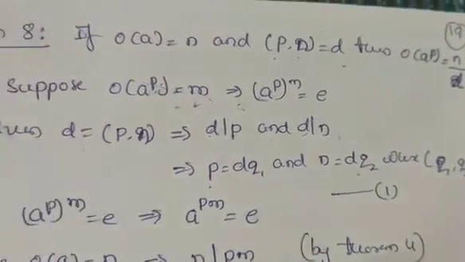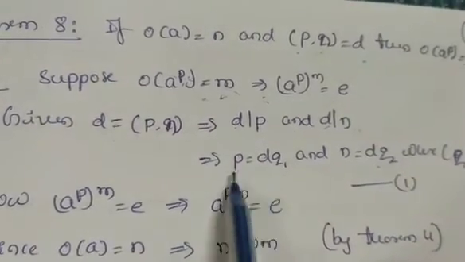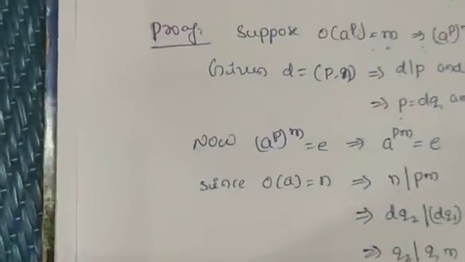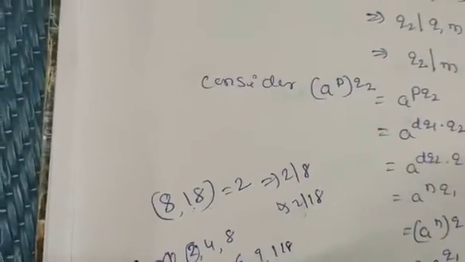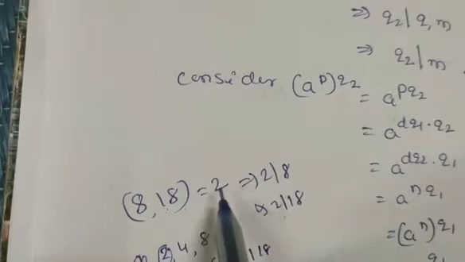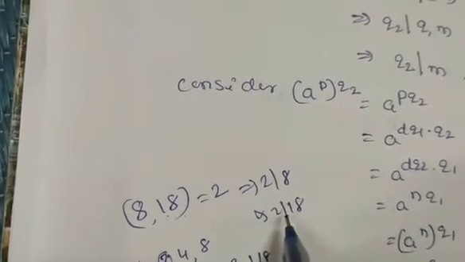So again, what does this divides mean here? Just now I told you here. So here this 2 is the divisor of 8 and 18, no?